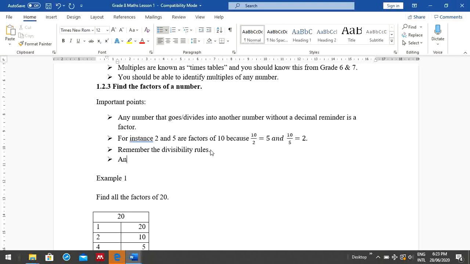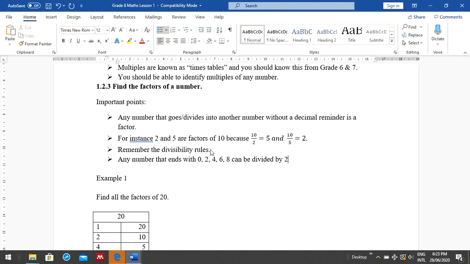So any number that ends with 0, 2, 4, 6, or 8 can be divided by 2.